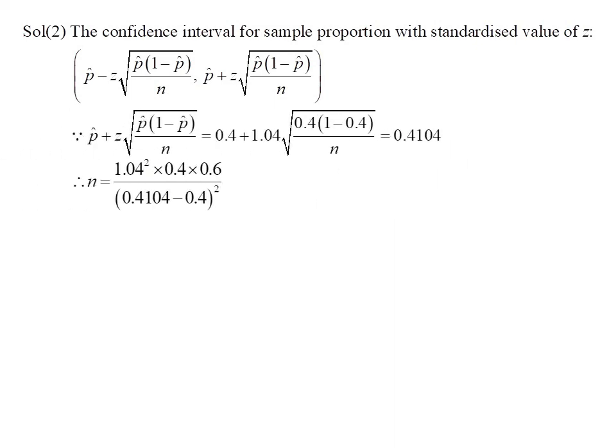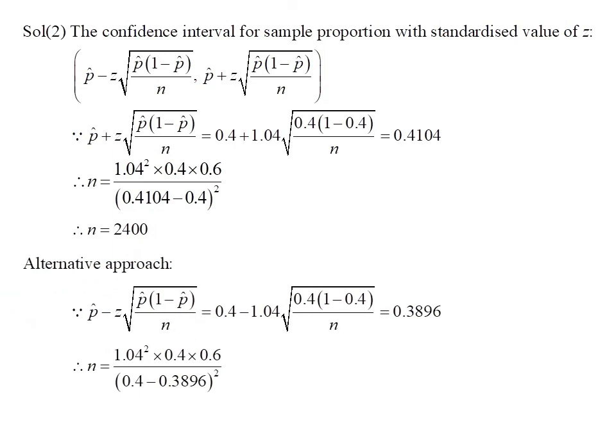As for the upper bound approach, we substitute the corresponding values of the sample proportion and standardized values z and set them equal to 0.4104, and hence calculate the sample size, which is 2400.